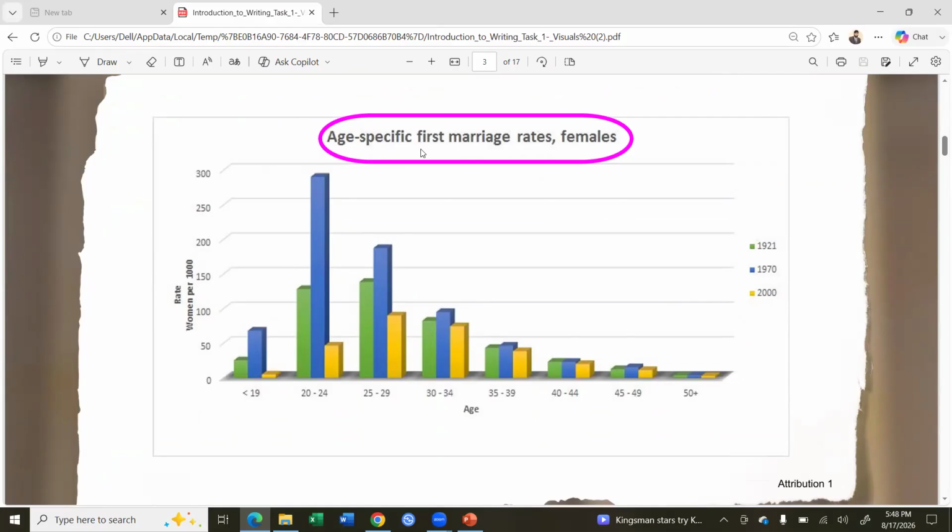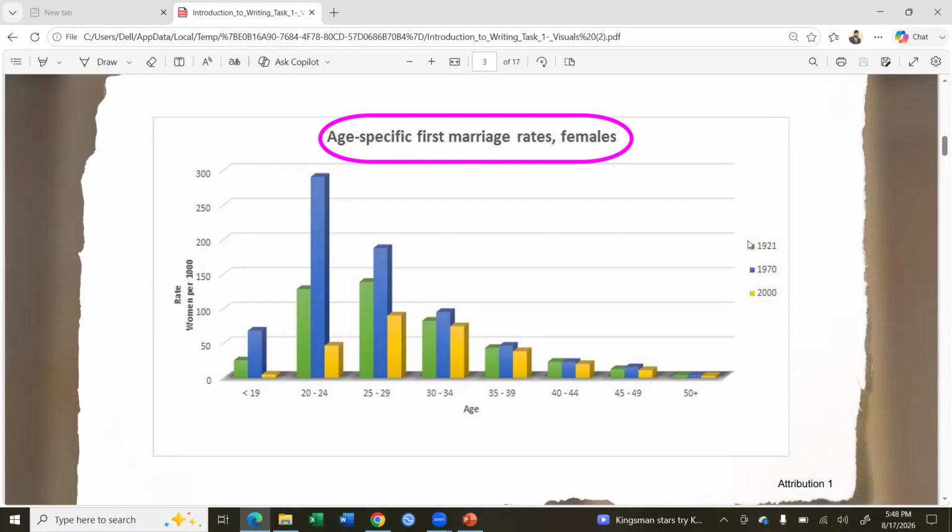And then there is the title of the visual, which tells you what this bar chart is all about. It talks about age specific first marriage rates, females, right? It talks about the females who got married for the first time.